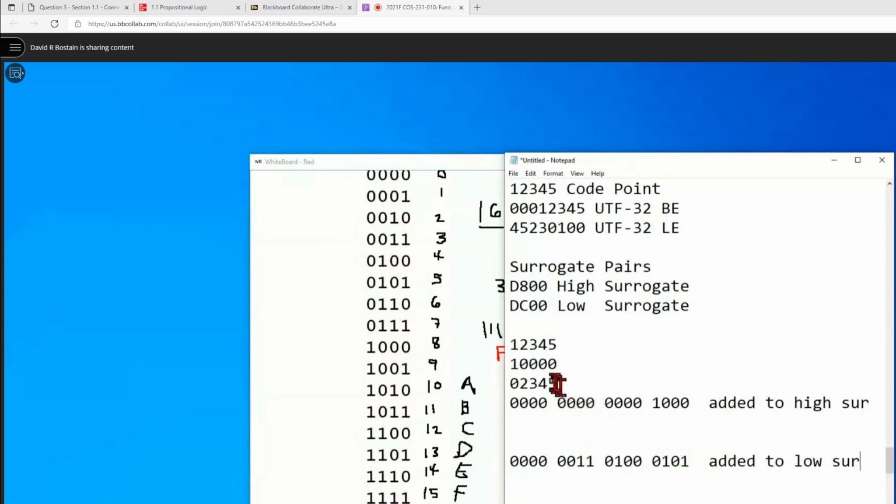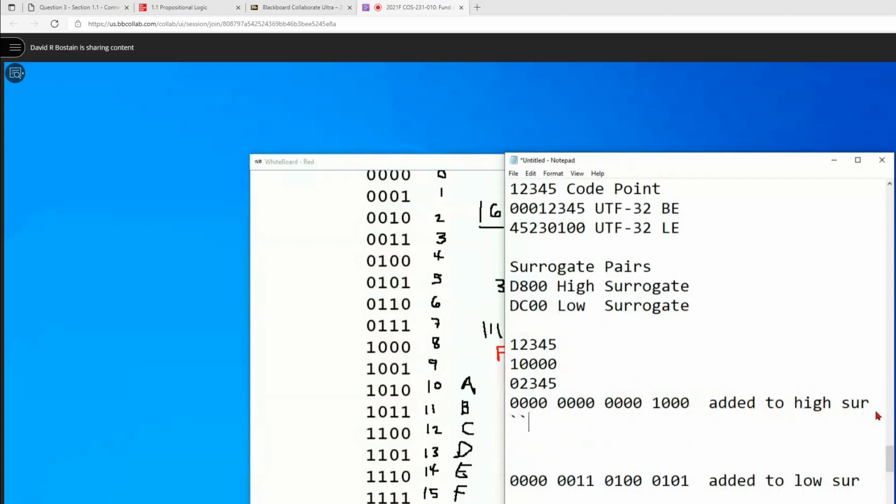Okay, so here is our surrogate, D800. Again, this is why you have to memorize these things. D800. And this one is going to be DC00.